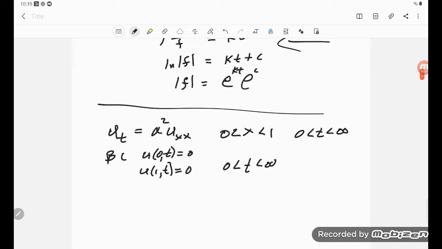And then our initial condition, we'll keep that as general. So we've got u of x and 0 as just some phi of x. And that's for 0 less than or equal to x less than or equal to 1. Okay. So that's our problem.